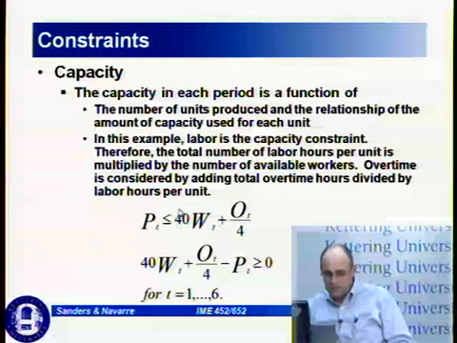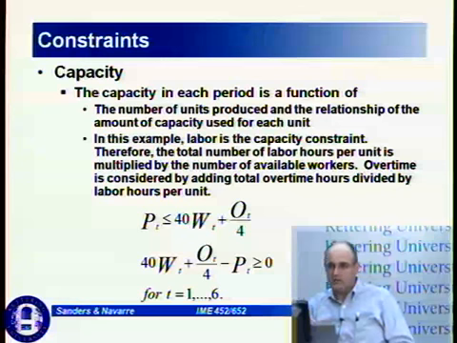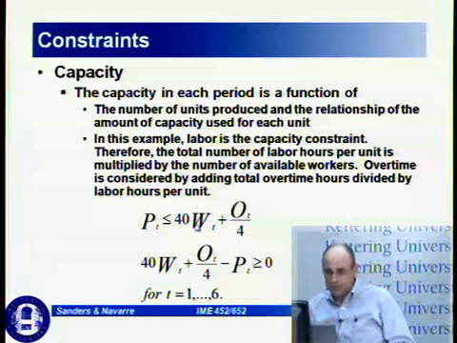So this is a labor hours per unit times the total units that a worker can produce in a month. If you take 160 hours, you divide it by 4 labor hours per unit, that gives you 40 units per period. So we multiply that 40 times the number of workers.